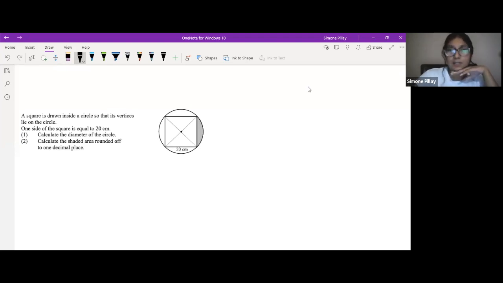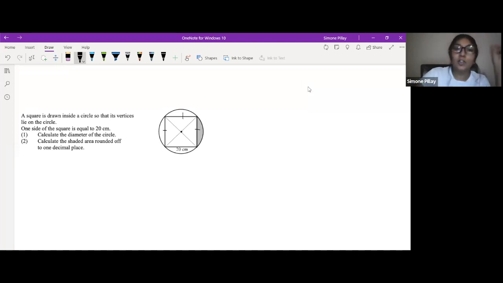10 centimeters. No, it is not 10 centimeters. Immediately they told me it's a square. So as soon as I see a shape, a quadrilateral specifically, I want to remember all of my properties of a quadrilateral.